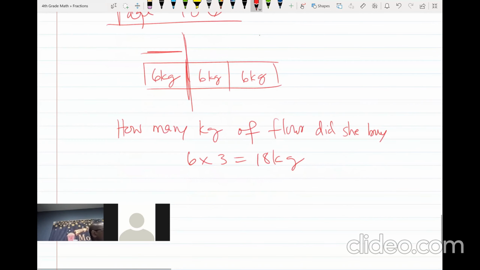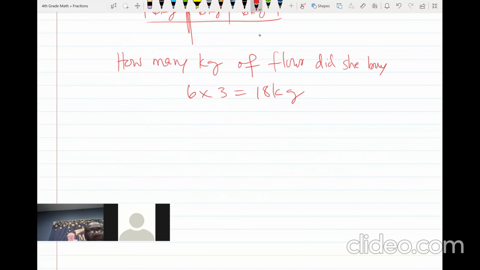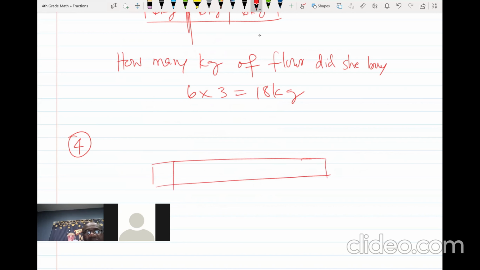What about question number 4. Susan spent 3/10 of her money. How do we do 3/10? We need to divide into 10 by drawing 9 bars in it. 9 lines: 1, 2, 3, 4, 5, 6, 7, 8, 9.